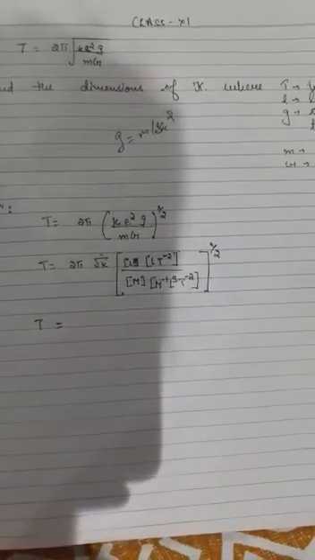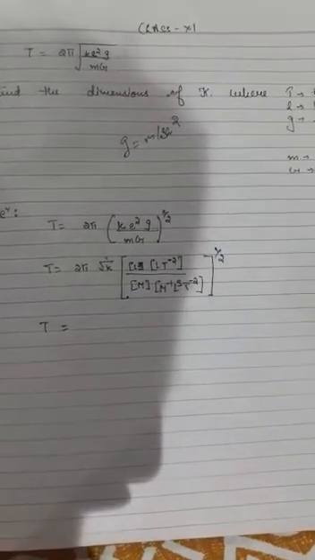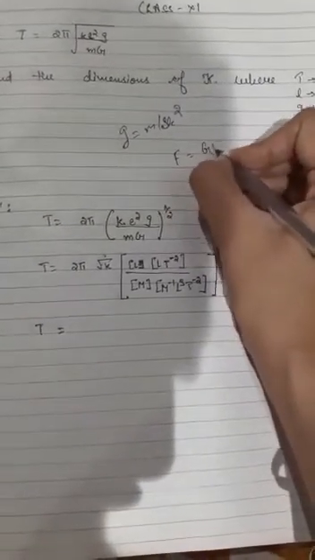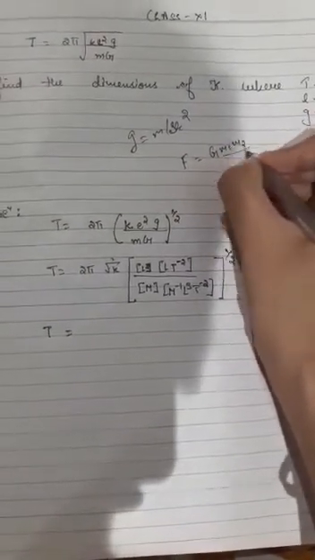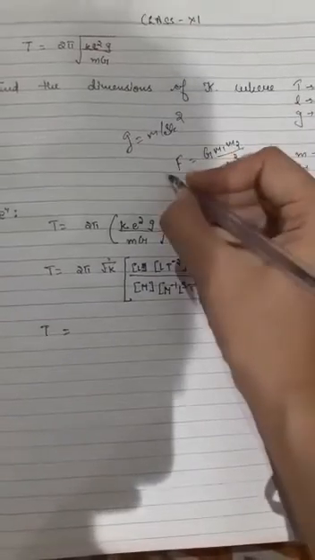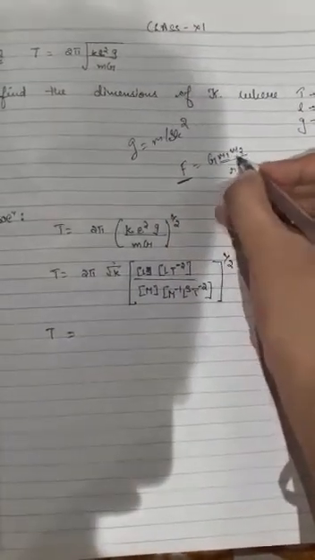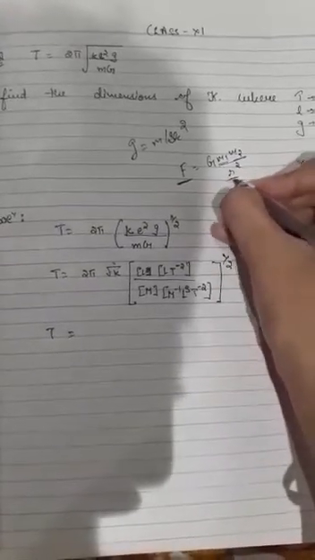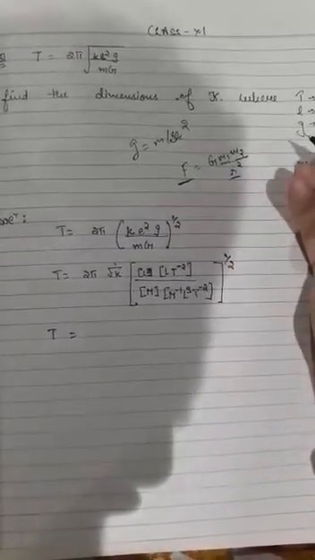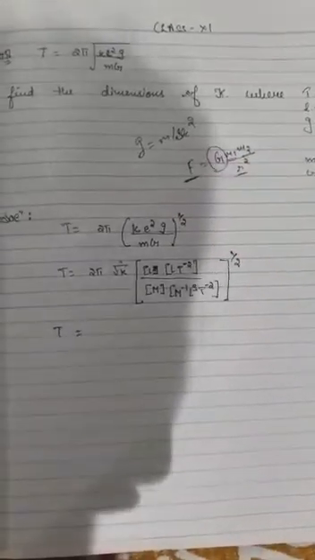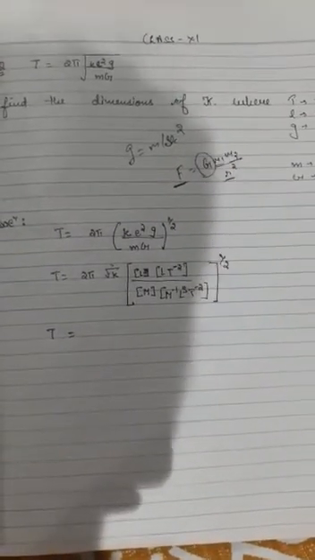Let me write the formula again: F is equal to G m1 m2 upon r square. From the dimensions of force, mass, mass and distance, I found the units and dimensions for the gravitational constant.